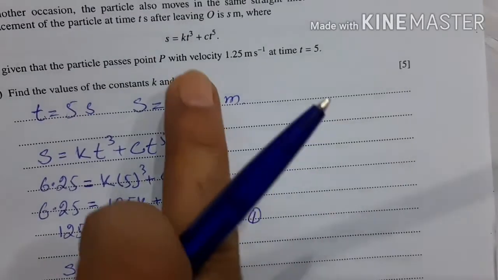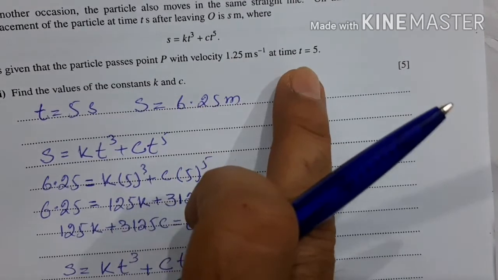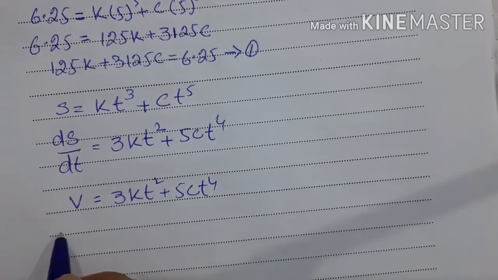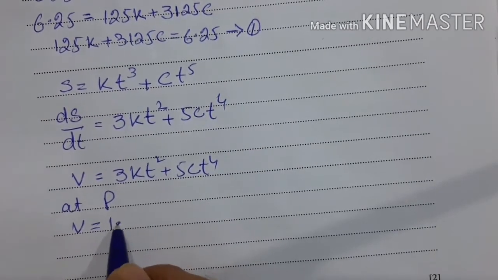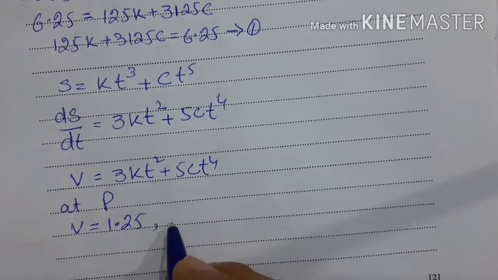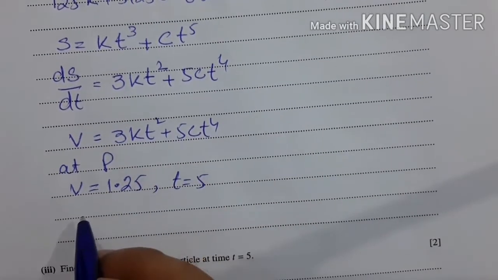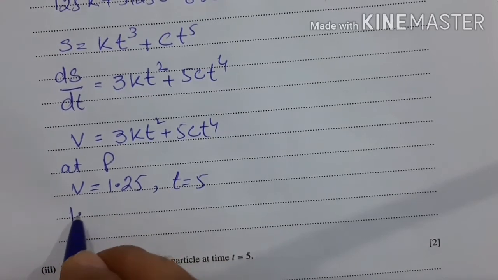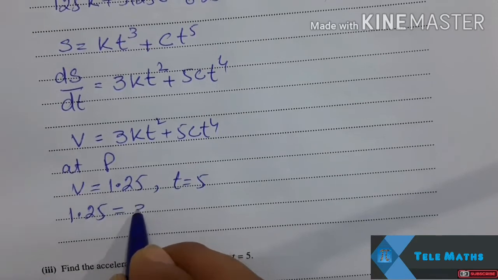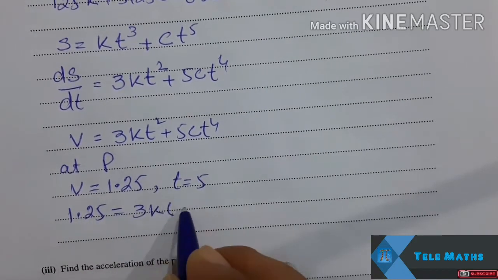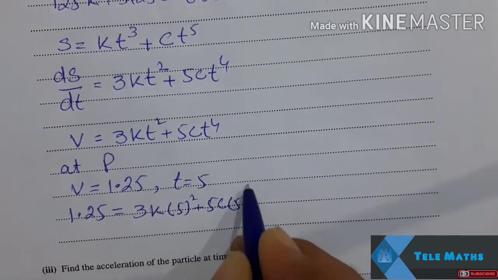Now it is given that at P the velocity was 1.25 and time was 5. So I'll put these two things here, so I will get another equation. 1.25 is equal to 3k, I'll put the value of t, 5 squared, plus 5c times 5 to the power 4.